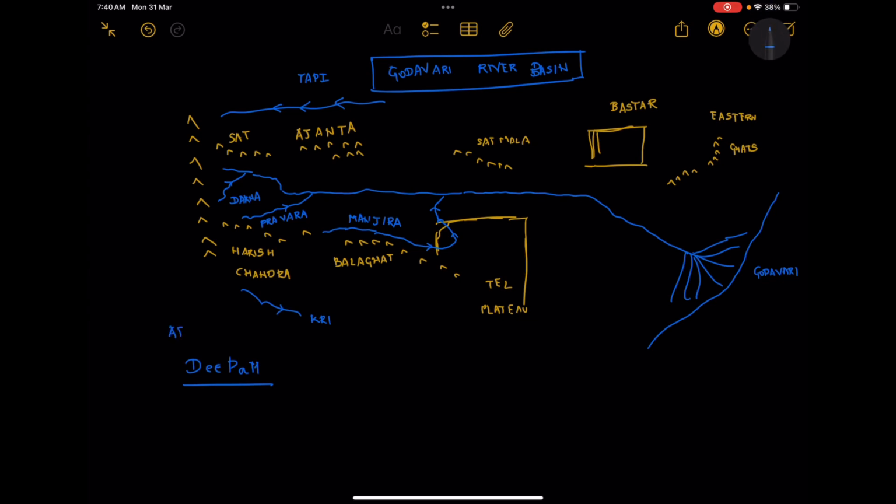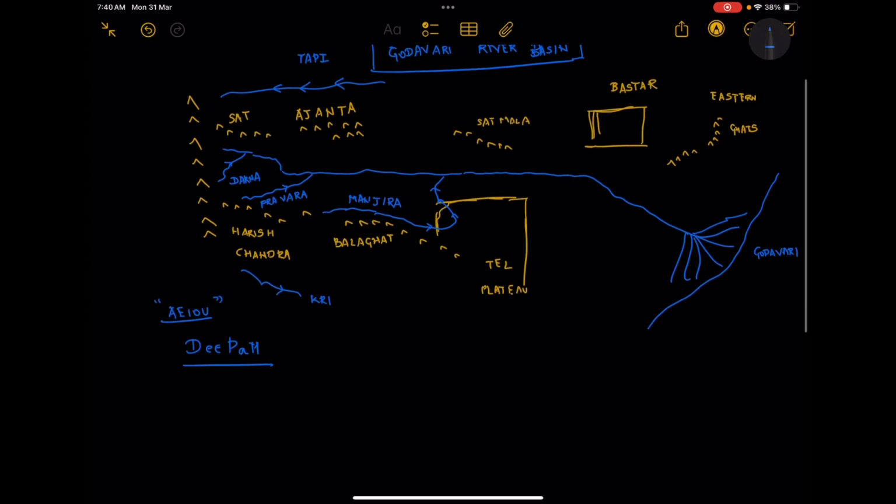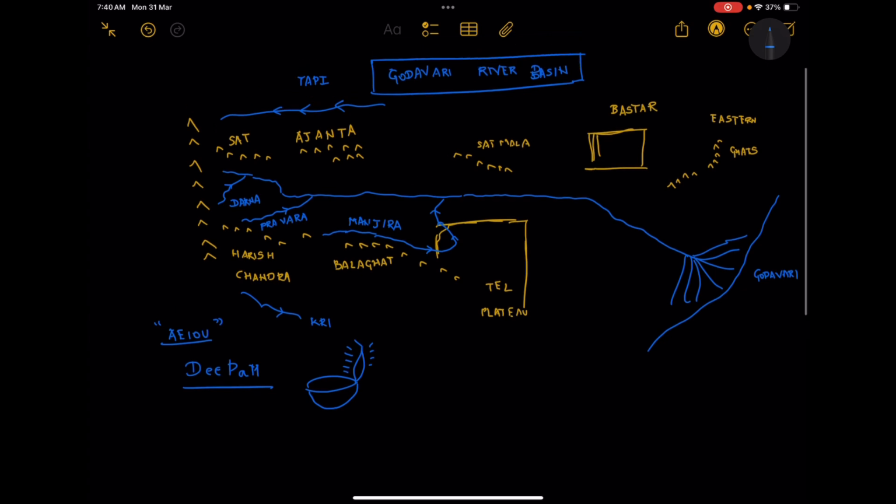The vowels really don't have meaning, so you use the vowels as fillers so that we are able to easily remember. So you can think about Deepam, which is floating in Godavari or something like that. Is it clear? The major rivers which are on the right bank of the river Godavari are Dharna, Pravara, and then Manjira. Now let's come to the left-hand tributaries.